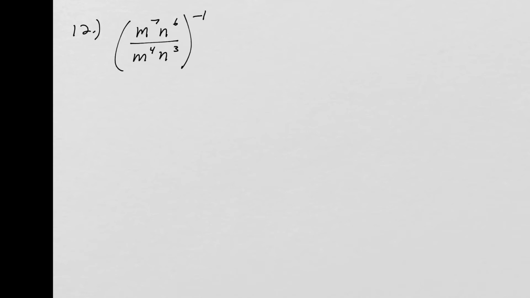So actually, first thing I would do is make that exponent a positive. I have a quotient raised to a negative exponent, right? So flip the quotient inside, flip this fraction. So this is m to the 4th, n cubed, over m to the 7th, n to the 6th. And now this is raised to the positive 1.